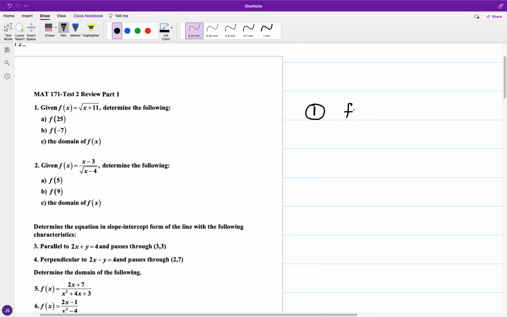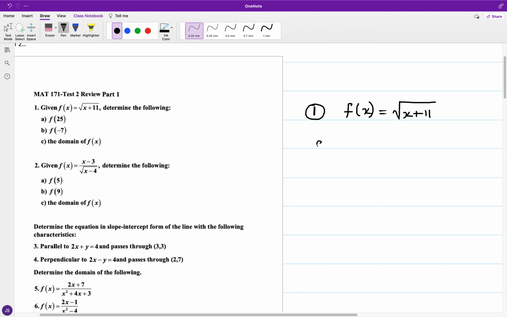So again, we have f of x. This is functional notation for what we say is y, and that is set equal to the square root of x plus 11.